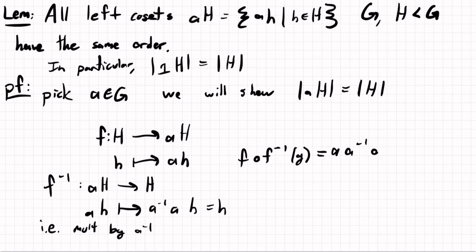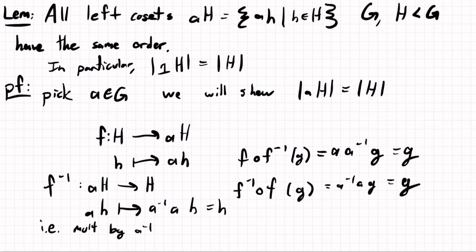A inverse a times g is g, so f after f inverse is the identity, and likewise f inverse after f will be a inverse a times g, which is g.